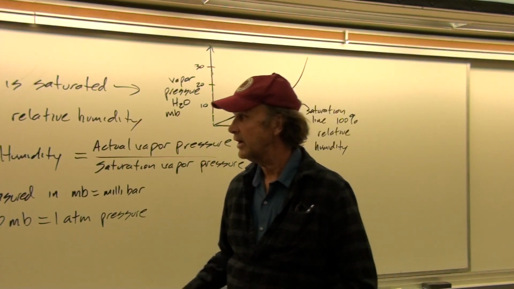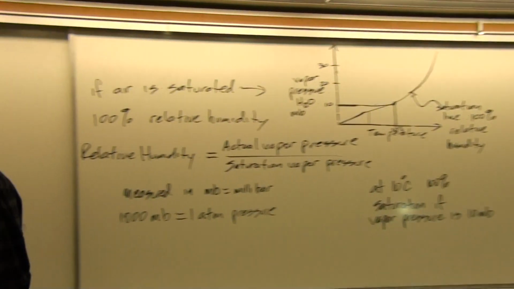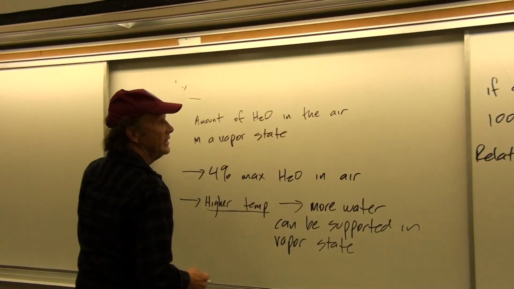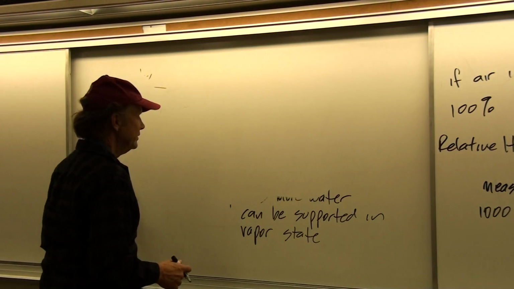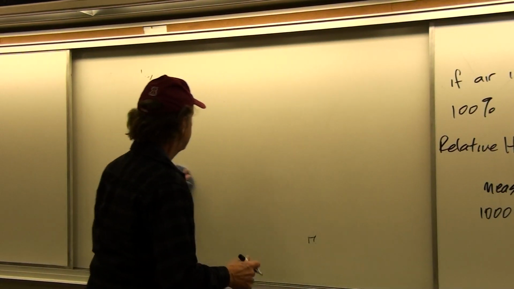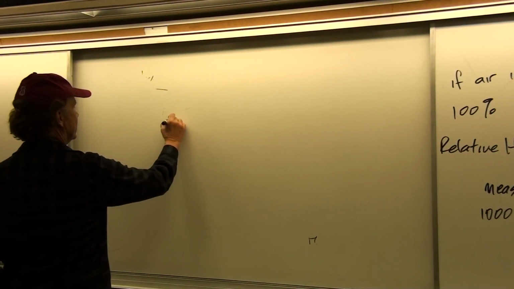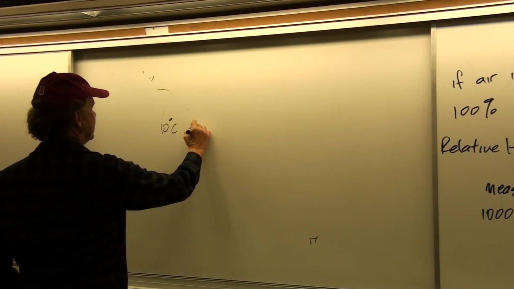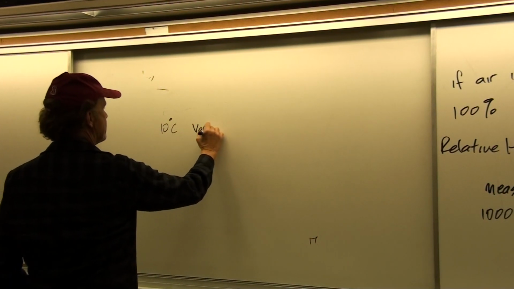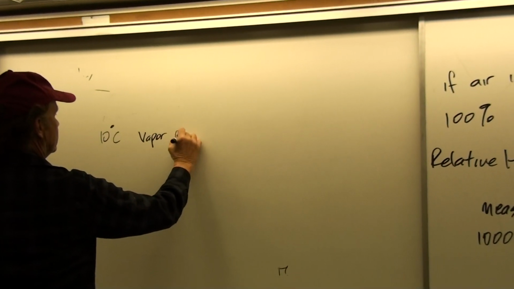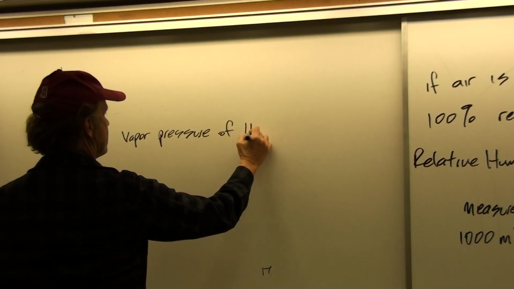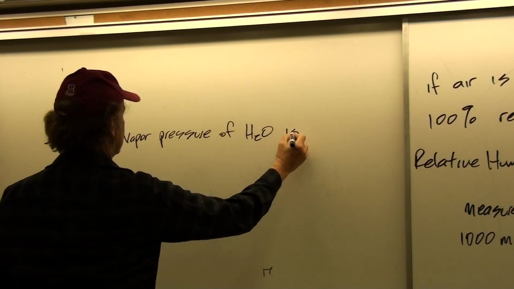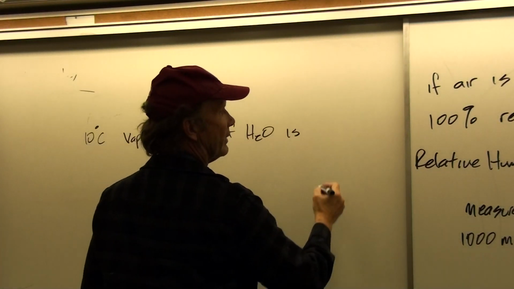But let's just try this for a second with an example. Let's say that at 10 degrees centigrade, the vapor pressure of the water is 5 millibars.